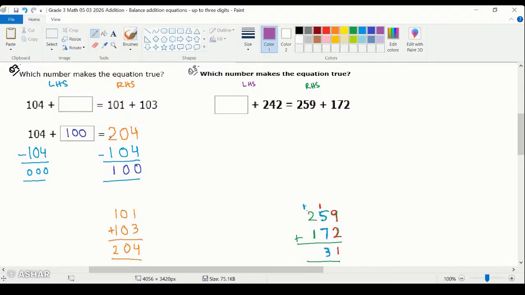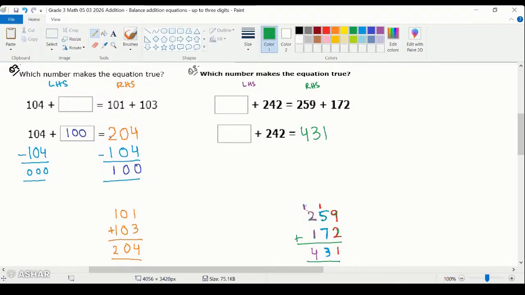What is 1 plus 2 plus 1? That would be, yes, thank you, Solomon, 431, right? So we can say the total addition is 431, which should be equals to this. So a missing number plus 242.